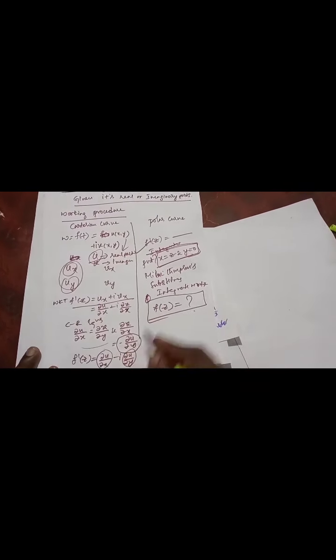After that, put x equal to z and y equal to 0. These are all Milne-Thomson substitutions. This method is called the Milne-Thomson method.